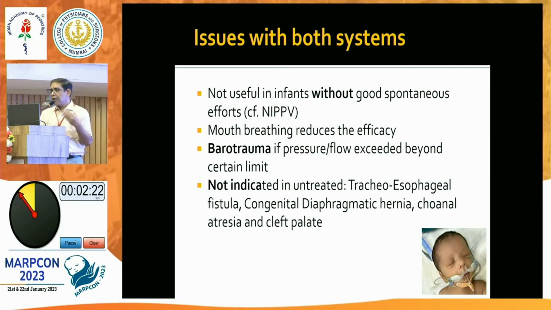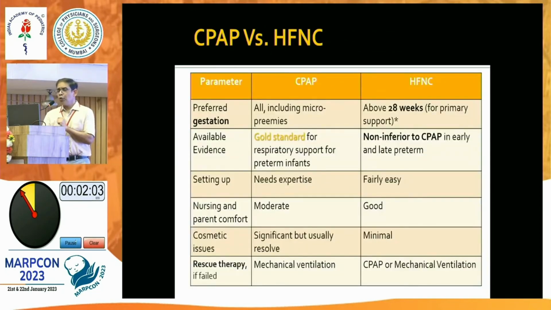If the baby is breathing through the mouth, the efficacy of CPAP or HFNC is reduced. Both can cause barotrauma, and both can't be used in conditions such as diaphragmatic hernia and choanal atresia, which are untreated.